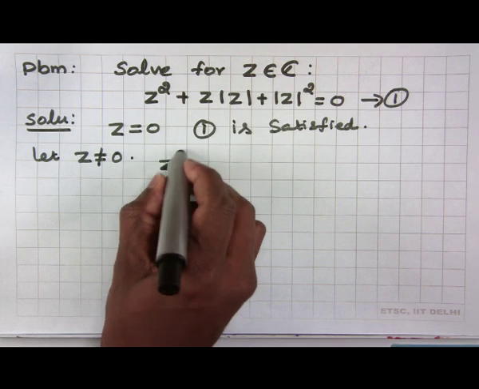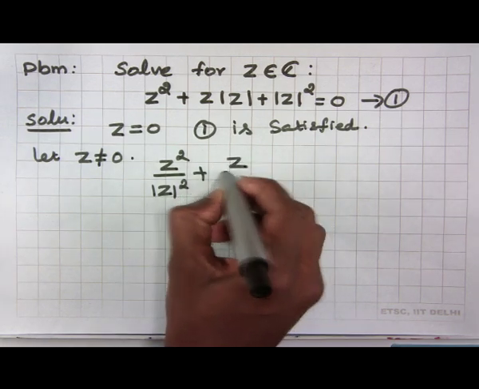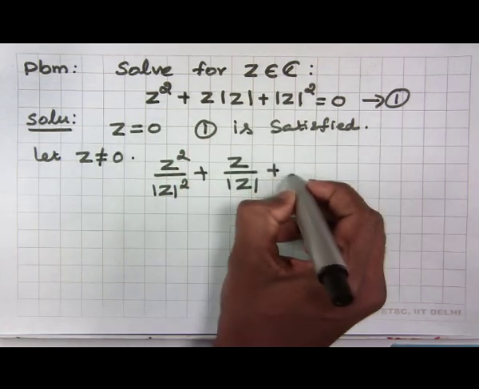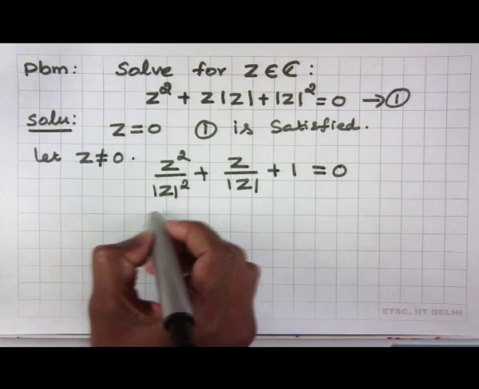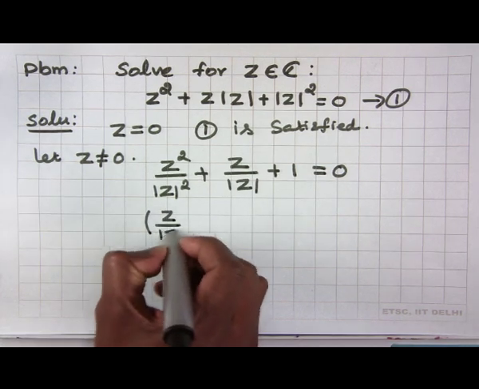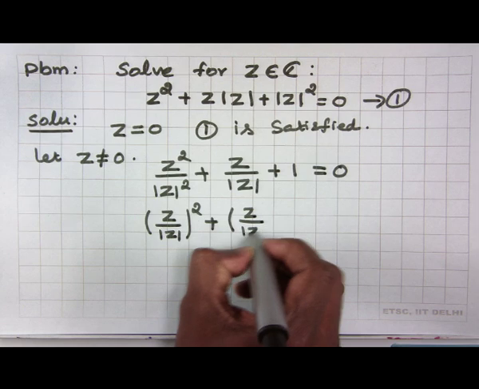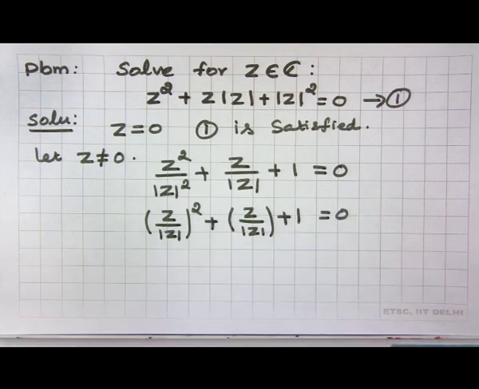So, we get z square by mod z square plus z by mod z, where one mod z cancelled, and we get plus 1 equal to 0. Now it comes closer to a familiar equation: z by mod z the whole square plus another complex number plus 1 equal to 0, which is exactly the equation that omega satisfies.